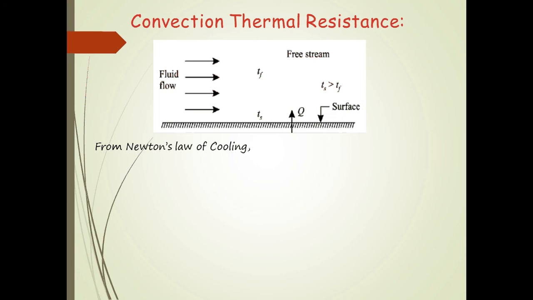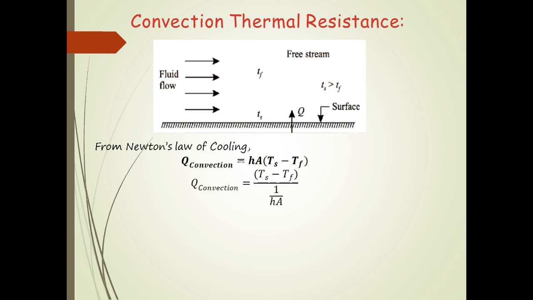So from Newton's law of cooling for convection, we can write Q convection is equal to H into A into Ts minus Tf, where H is the constant of proportionality, that we call the convective heat transfer coefficient, A is the area over which fluid is flowing, Ts is the temperature of the hot surface, and Tf is the temperature of the fluid, that is air.